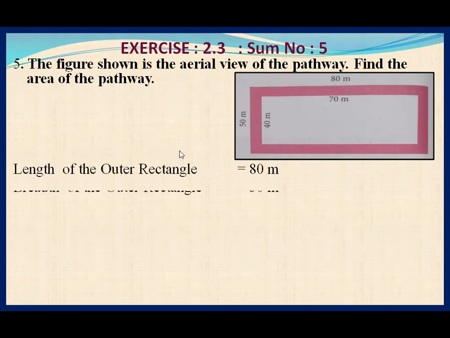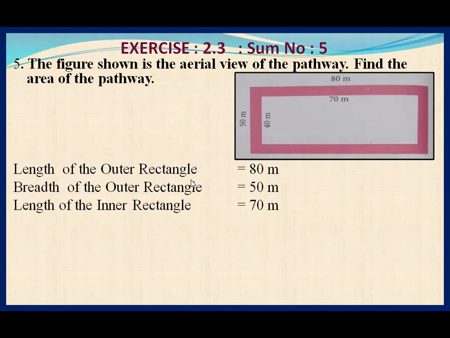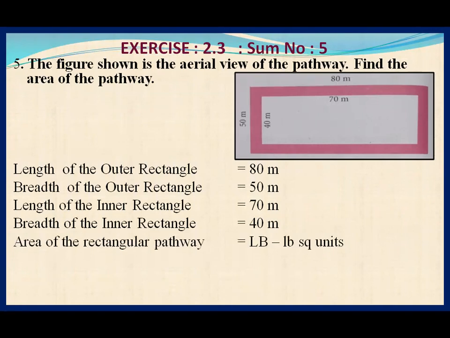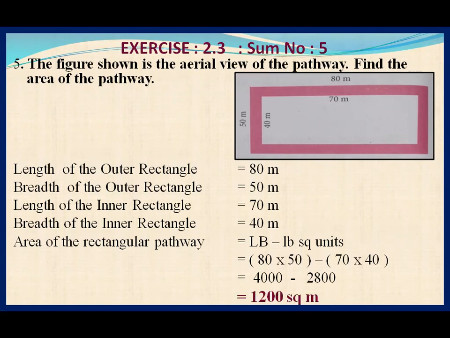So the length and breadth of the outer rectangle, and the length and breadth of the inner rectangle are given. Using that, let's find the area of the pathway. Area of the outer rectangle minus area of the inner rectangle. So 80 into 50 minus 70 into 40. 4,000 minus 2,800 is 1,200 square meters.